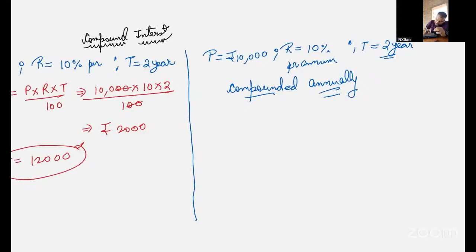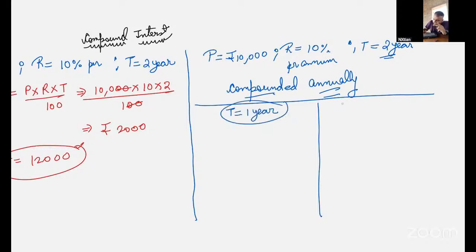It means that here we have to make 2 years into two parts: T1, which is the completion of 1 year, and T2, which is the completion of the second year. So this is the first year, and this is the second year.